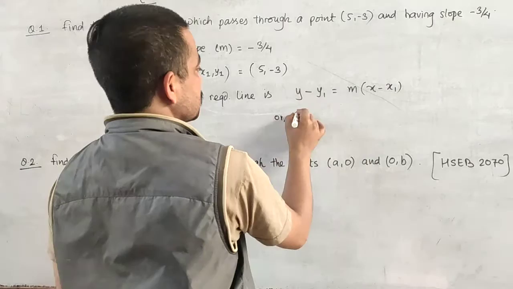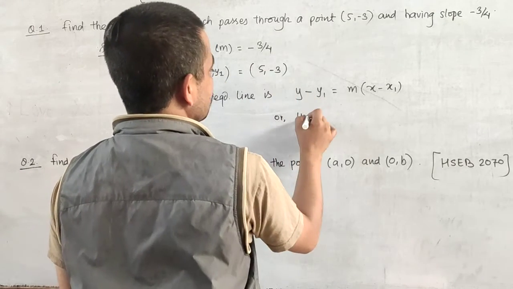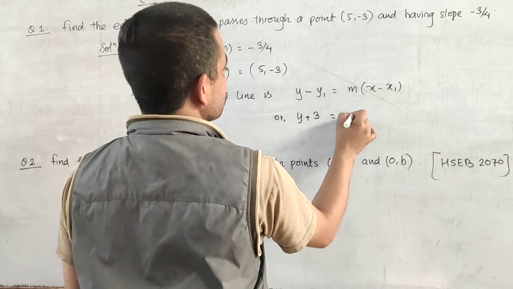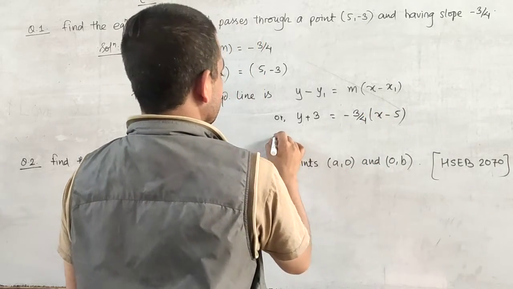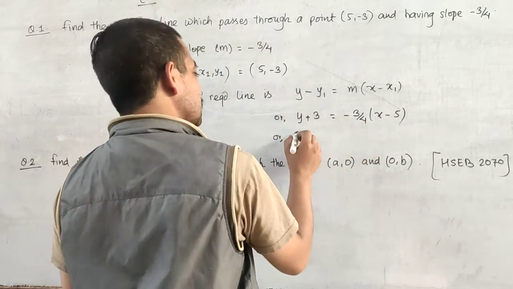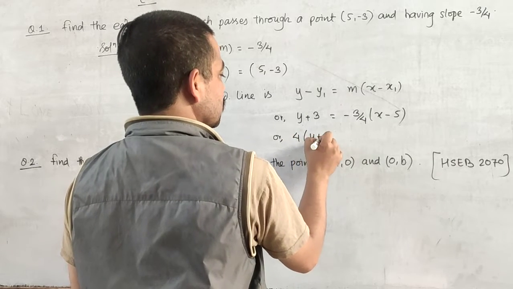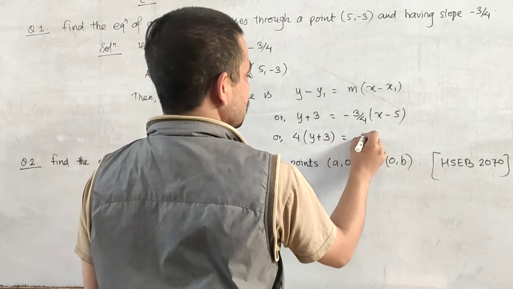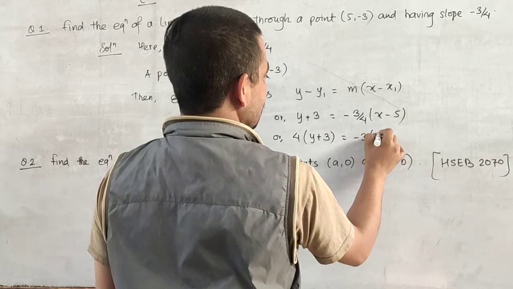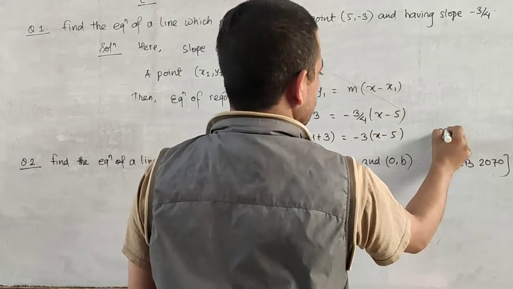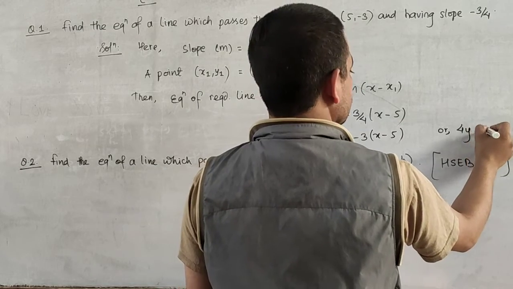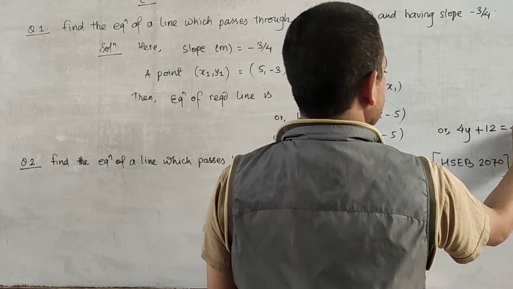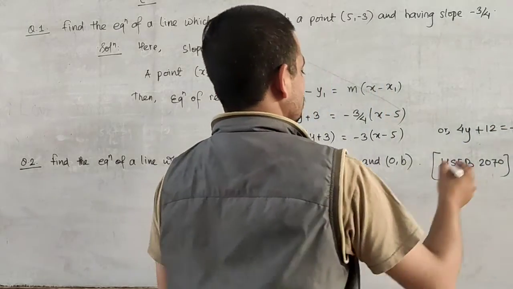y minus y1: y minus negative 3, that is y plus 3, equals -3/4 times x minus 5. So that 4 you can take to the left side to multiply: -3 times x minus 5, or 4y plus 4 threes are 12 equals -3x plus 15.